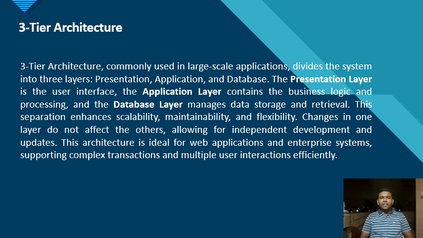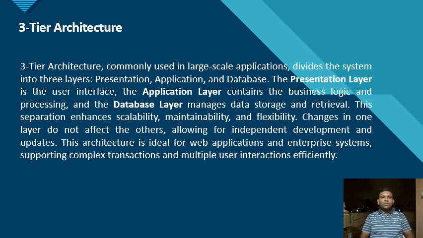This separation enhances scalability, maintainability, and flexibility. Changes in one layer do not affect the others, allowing for independent development and updates. This architecture is ideal for web applications and enterprise systems, supporting complex transactions and multiple user interactions efficiently.